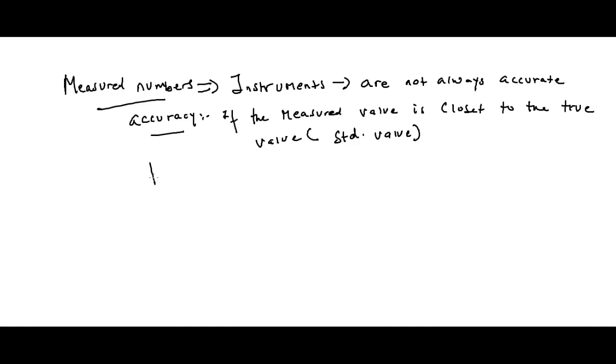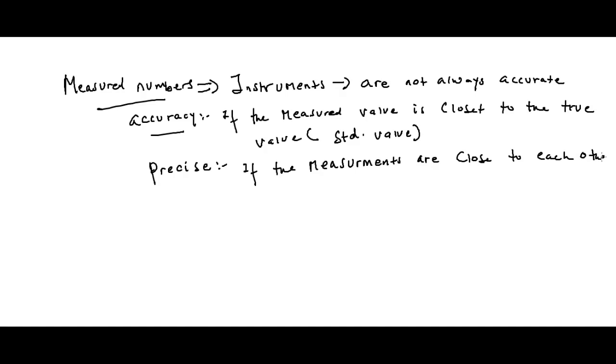And precise: we're going to use the terminology of accuracy and precision when we measure objects. Precise means that if the measurements are close to each other, they don't have to be accurate, but whatever measurements you do, if they are close to each other, we can say they are precise. Close to each other, so that's a precise value.